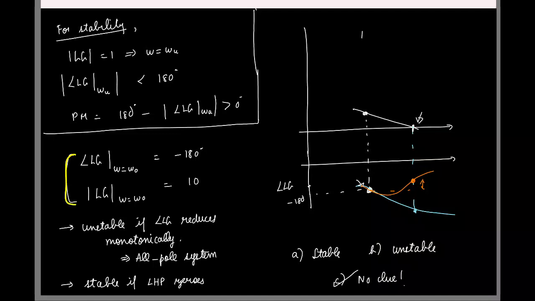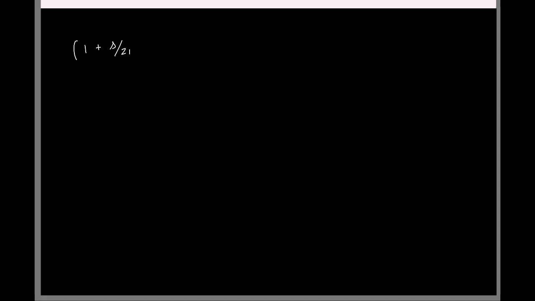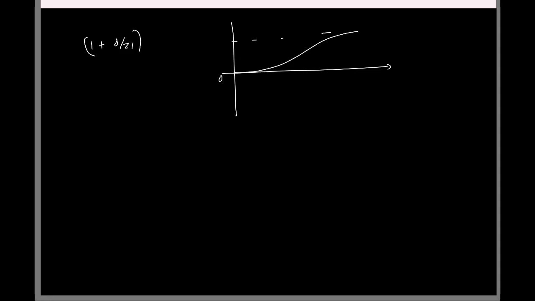What is RHP? So he is asking about RHP zeros. Okay. So let us say I have a left half plane zero. What will happen to the phase? It will start, okay. So can you tell me how the phase will look like? It will go to plus 90, right?